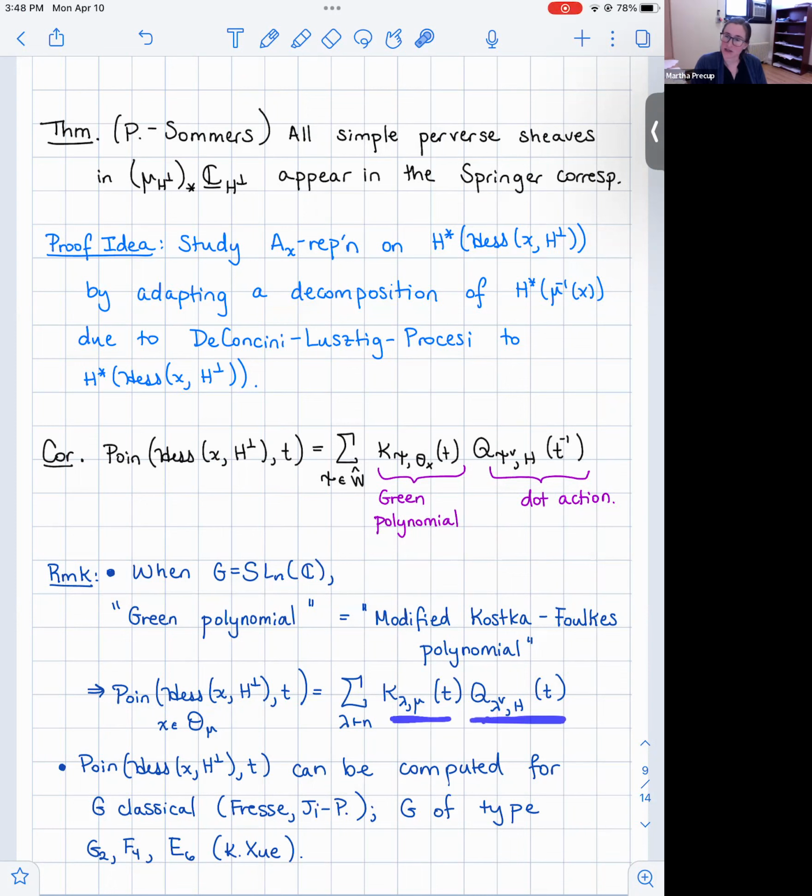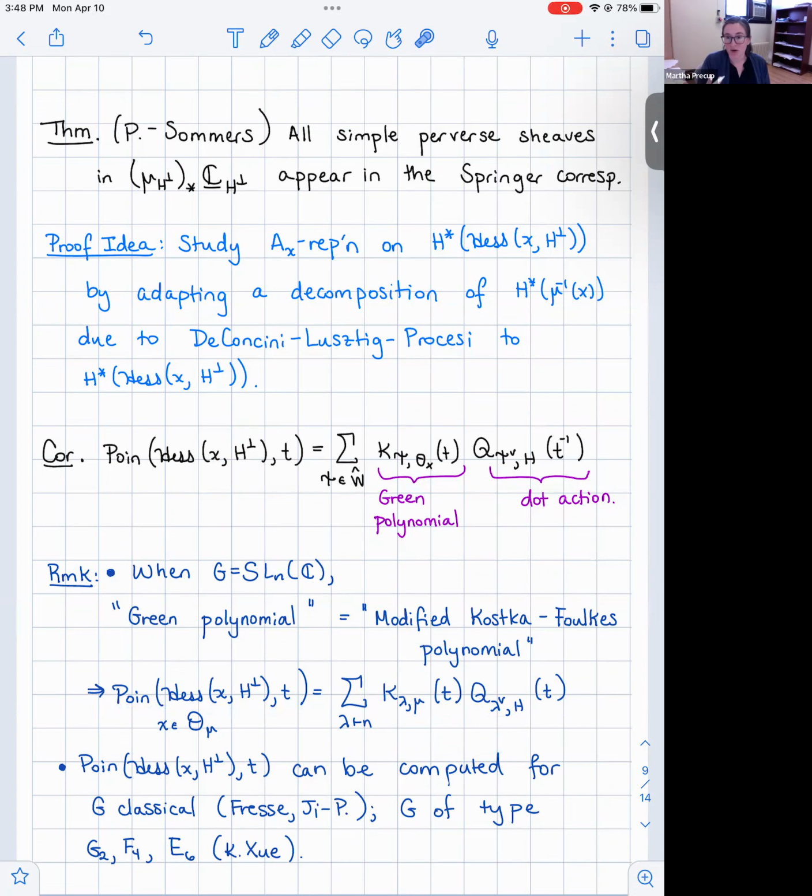And these coefficients are a very famous collection of polynomials called modified Kostka-Foulkes polynomials. So combinatorialists have formulas for both of these things. So it's kind of nice. We can actually recover the full data of the Poincare polynomials of these nilpotent Hessenberg varieties, which is not trivial to do, using known combinatorial formulas for these two families of things.